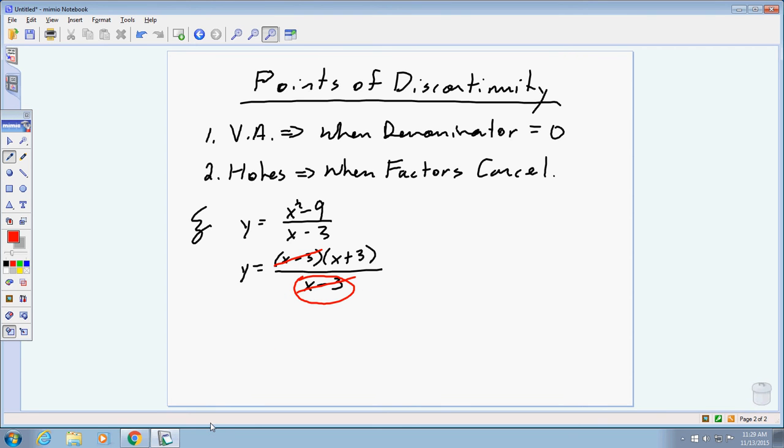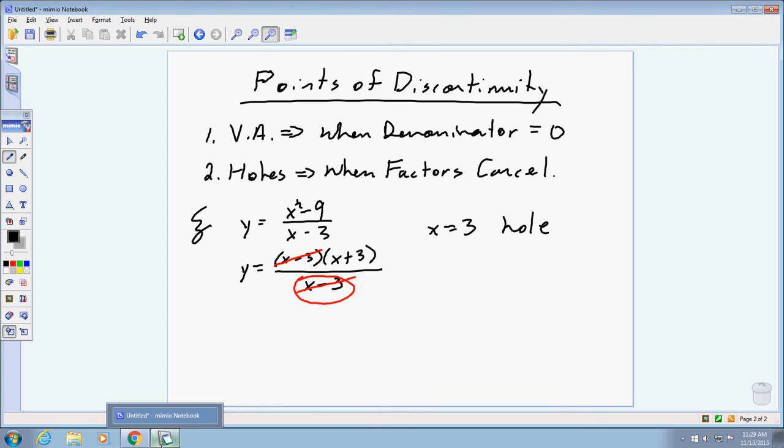But that factor of x equals 3 is a hole in your graph. It wanted to be a vertical asymptote, but it also wanted to be an x-intercept, because the factor up top would have been an x-intercept at x equals 3. So when your graph's confused, well, I'm a hole. I'm just going to drop out of this altogether.